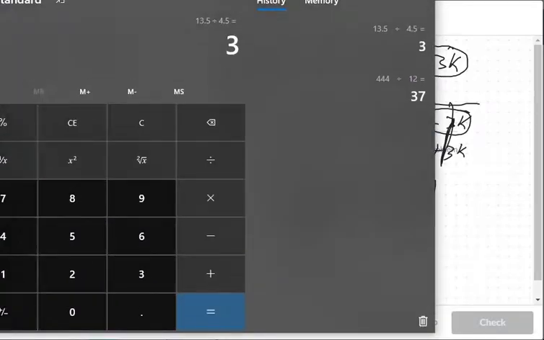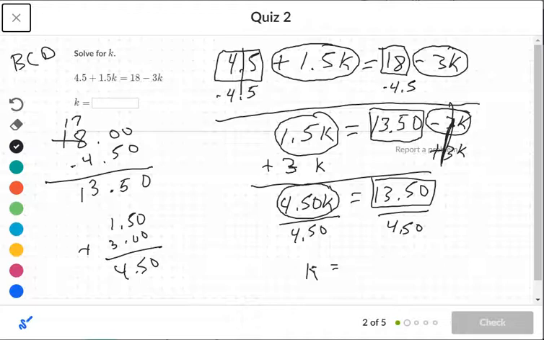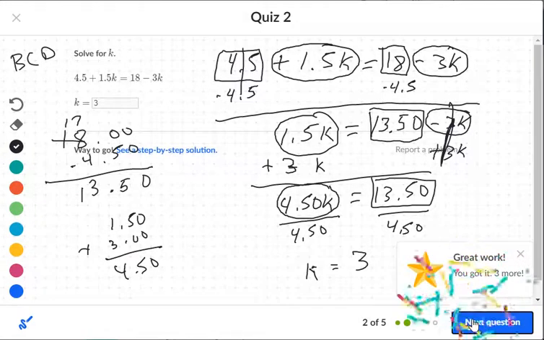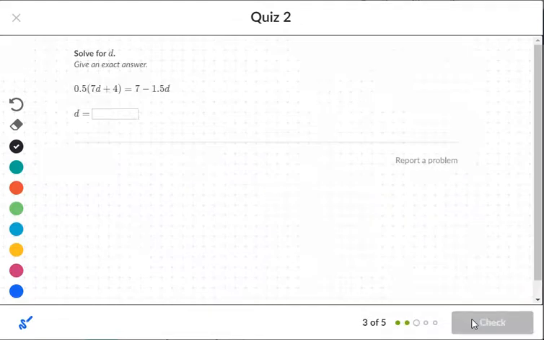You clearly see that's 3. So my k is 3. Let's put a 3 here.